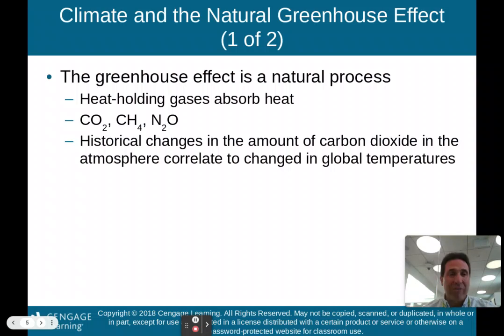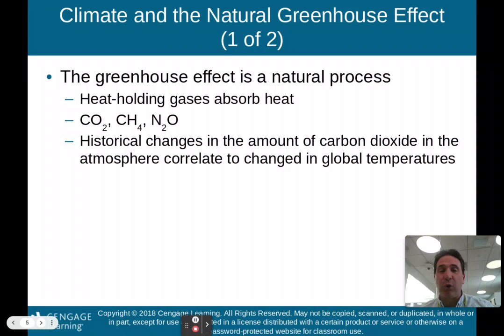We talk about, however, carbon dioxide, methane, and nitrous oxide because we, as human beings, are adding carbon dioxide, methane, and nitrous oxide to the atmosphere, and as a result, increasing the greenhouse effect. So that's why these are the three that you need to know, even though I just want you to know that water is actually the most important, or at least the largest trapper of this infrared radiation.